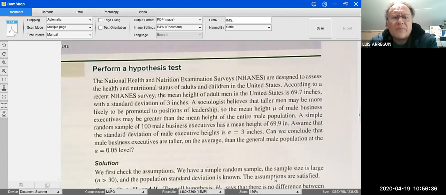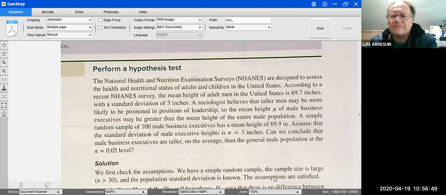A simple random sample of 100 male business executives has a mean height of 69.9 inches. Assume that the standard deviation of male executive height is sigma equals 3 inches. Can we conclude that the male business executives are taller on average than the general male population at the significance level alpha equals 0.05?